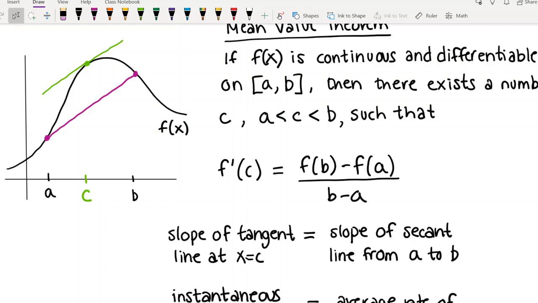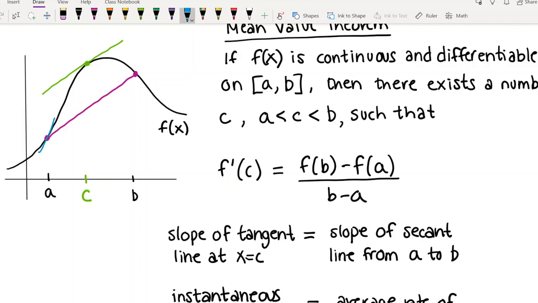So intuitively, why is this? Well, the average rate of change is kind of measuring the general trend. If we look at this function, it goes up, it goes down, but on average, it points in the direction of that purple line. So it makes sense if you picture all of the different slopes.